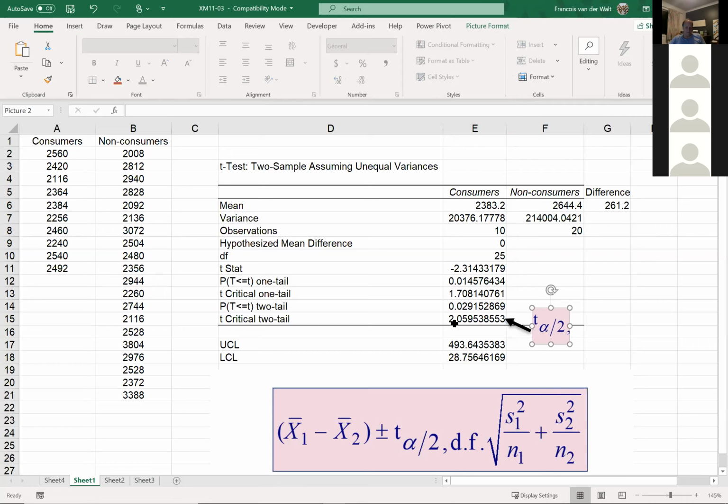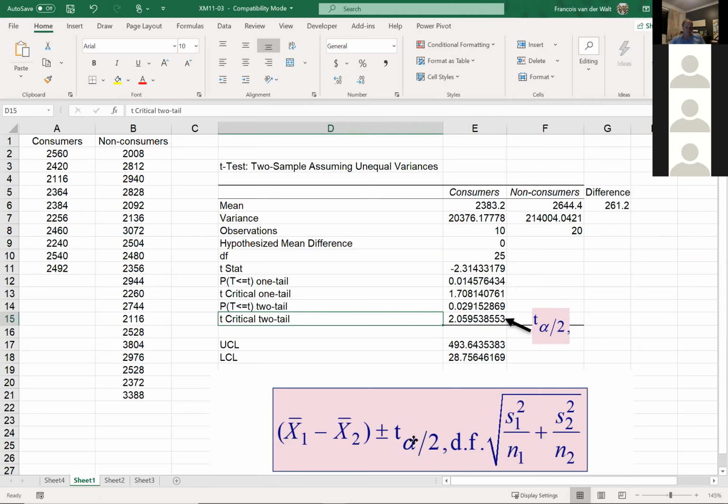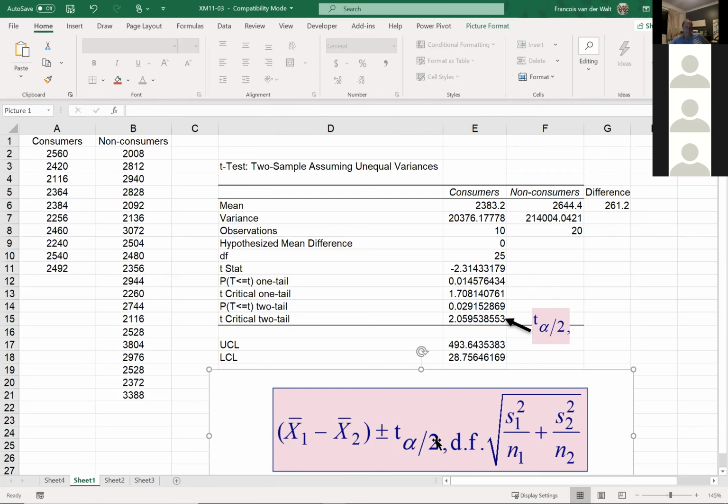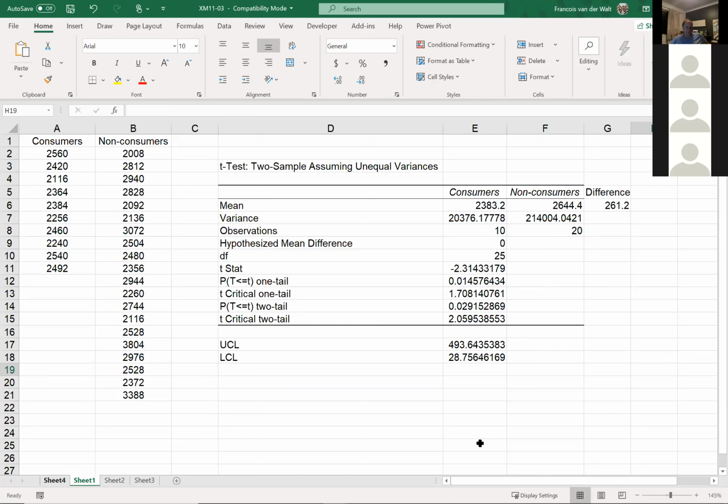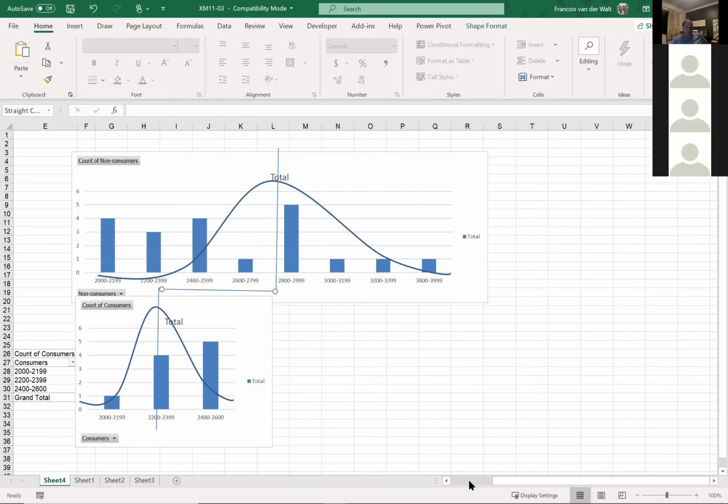So this T alpha divided by 2 is that number there. If you look at a T critical 2 tail. Okay, so this gives me the numbers and it says yes, it's true, and if I draw two histograms, I can compare it, and I can also see they definitely are two different populations. Although there's quite an overlap, they are two different populations.